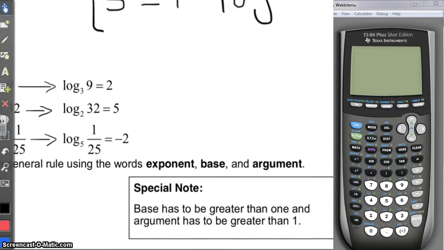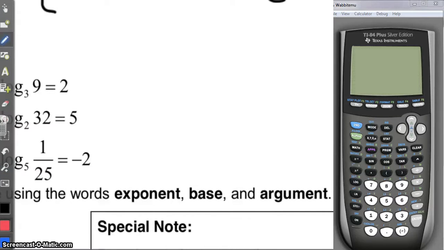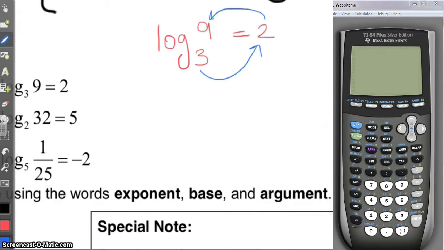So what is the pattern? Let's take the first one. If you take log base 3 of 9 is equal to 2, as you can see, 3 to the power 2 would give you 9. So let's start naming them. The small number over here, we're going to call it the base from now on, because it's the base in the exponential function.